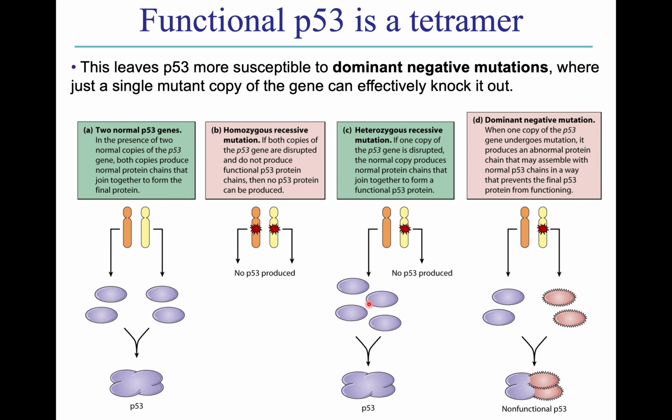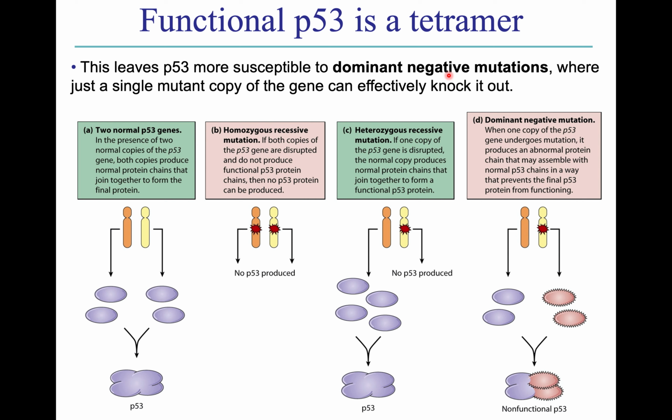But there's this interesting phenomenon, and this really applies to any protein that functions as a tetramer in this way. And that's what's called dominant negative mutation. So we'd say p53 and similar proteins are susceptible to these kinds of mutations.